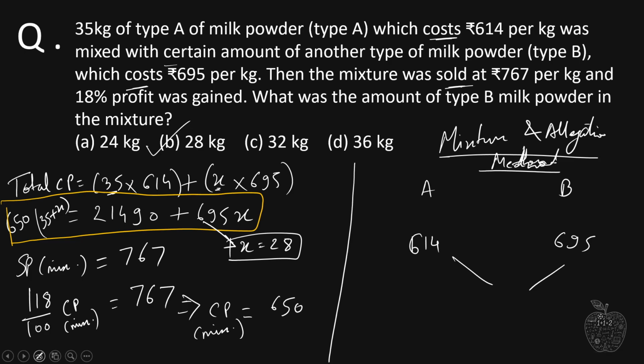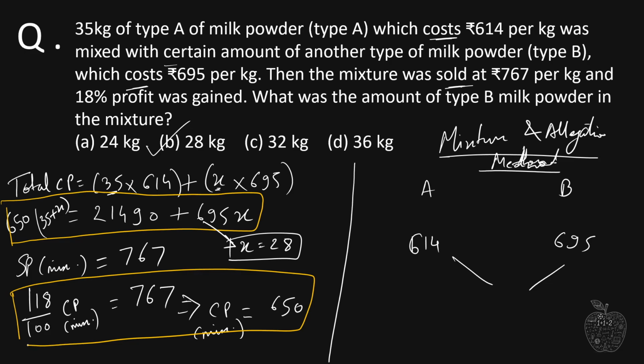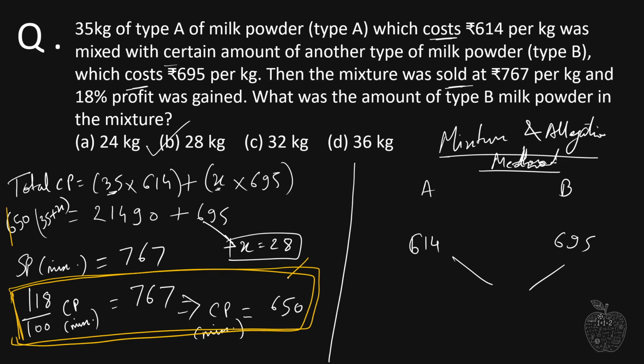So from the left hand side, we only take this calculation. We do not take anything else. Only this calculation is required from the left hand side. From here we get the cost price of the mixture, which is 650.